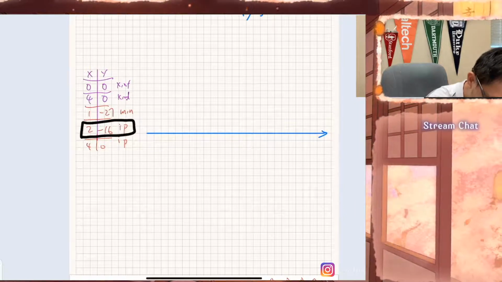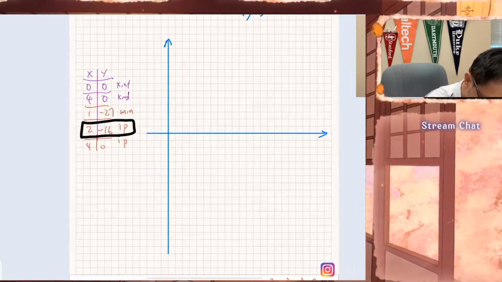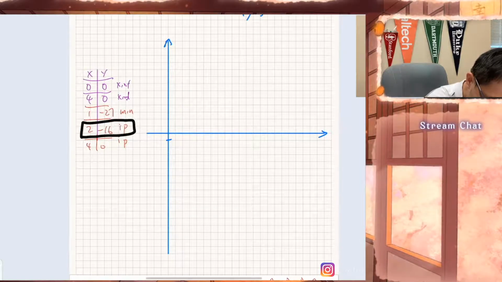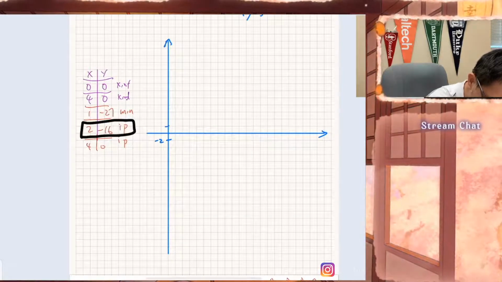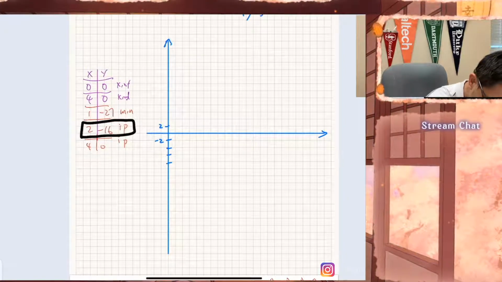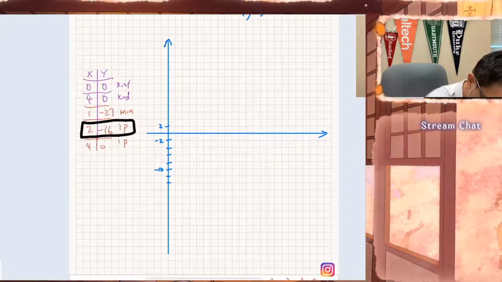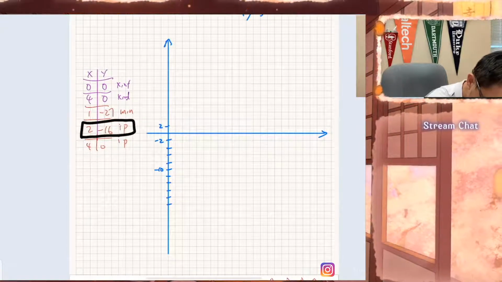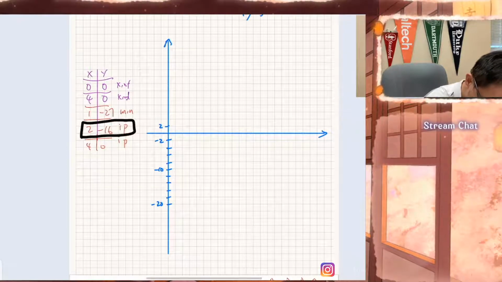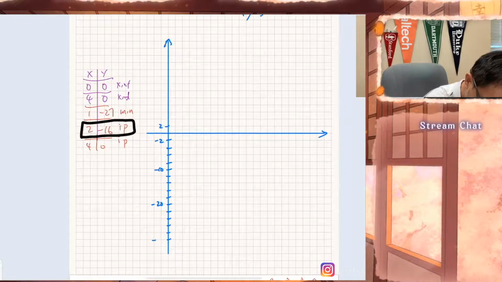Draw a nice straight line. Okay, each one I'm gonna use 2 as a unit. So 2 all the way to 10, and 2, 3, 4, 5 is negative 20. 1, 2, 3, 4, 5, negative 30.